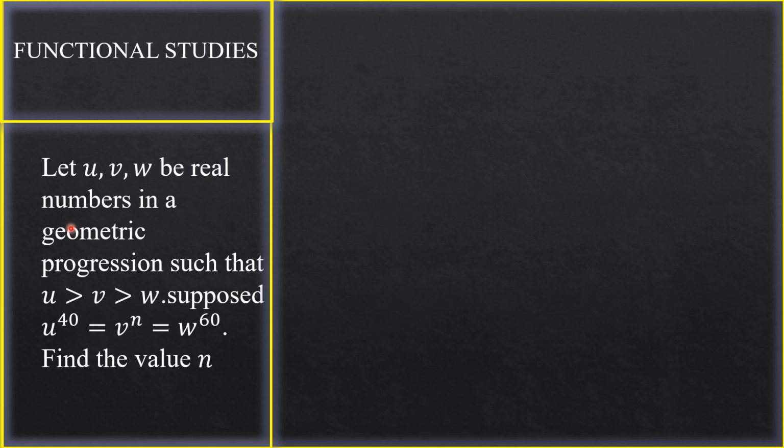So we know that the three terms U, V, and W are in a geometric progression, so there exists a common ratio between them. So let R be that common ratio.